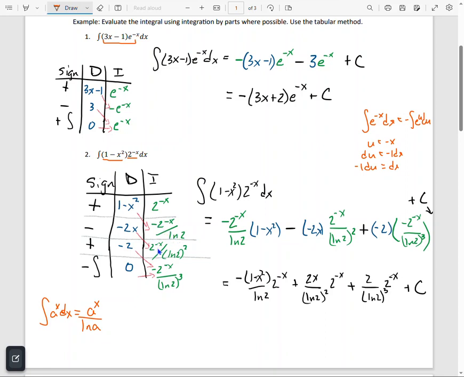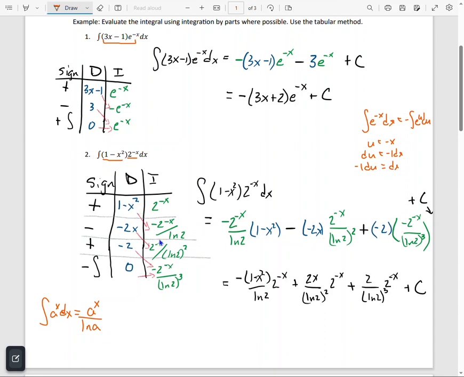Divide by the natural log of 2. Take the antiderivative again, we'll have natural log of 2 squared in the denominator. Third antiderivative, natural log of 2 cubed, and so on.